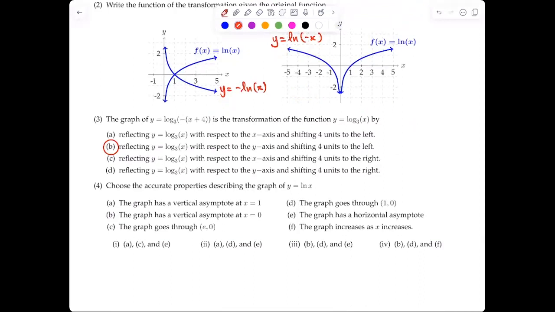Now, number four, talk about the different properties of the logarithmic function, in this case, ln of x. Okay. So think about it a little bit. There are 6 options here, but it's not going to be all 6. So let's say A, the graph has a vertical asymptote of x equal to 1, true or false.